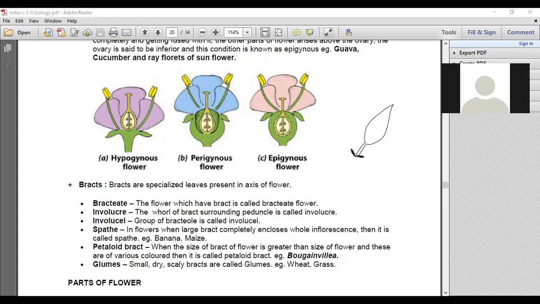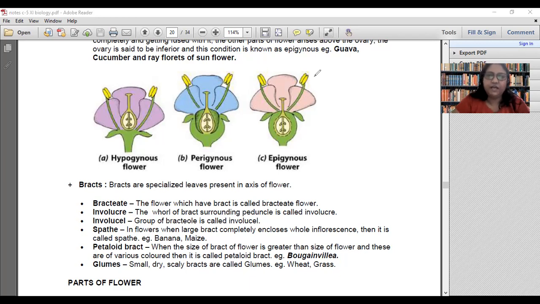Stipule? Stipule. Very good. So the way in case of leaf you have stipule, in case of flower sometimes there are specialized leaves present at the axis of flower, which is known as bract. So if bract is present, such type of flowers are known as bracteate flowers. Okay.